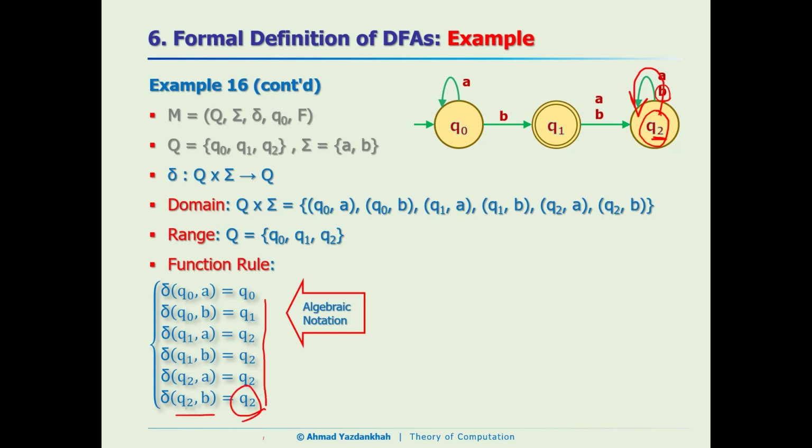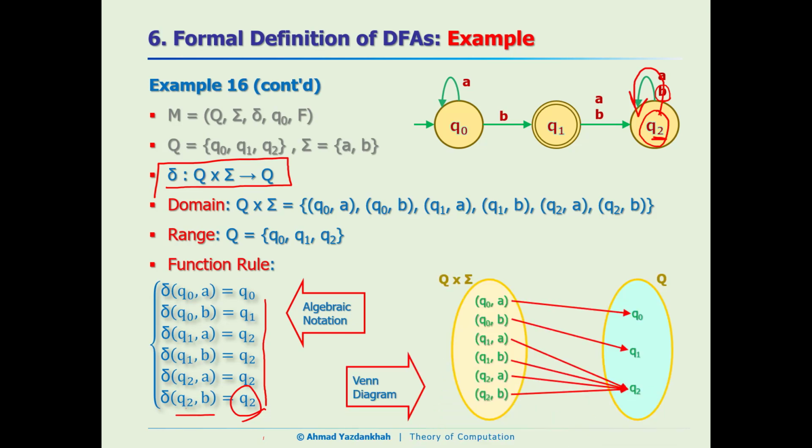This is how we specify the transition function. And if we want to draw the Venn diagram, then we are already familiar with that. So Q0A goes to Q0. Q0B goes to Q1. So all of these, we already had some practice on.